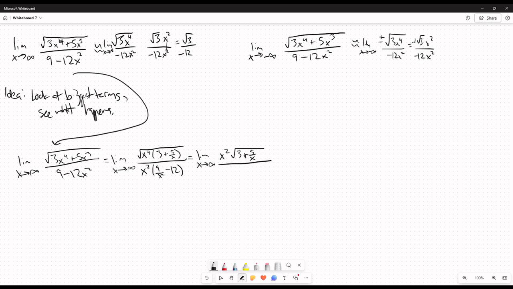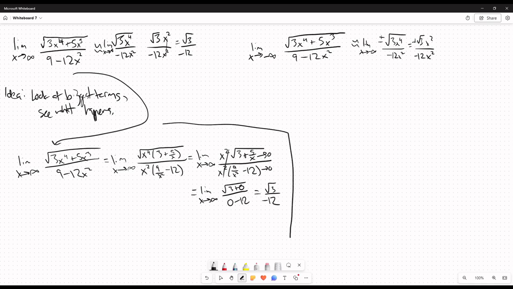In the denominator, we don't have to do any extra thinking because there's not a square root sign to worry about. A bunch of stuff goes to 0. The x squareds cancel, and we end up with the limit as x goes to infinity of the square root of 3 plus 0 over 0 minus 12, which equals, as we expected, square root of 3 over negative 12.